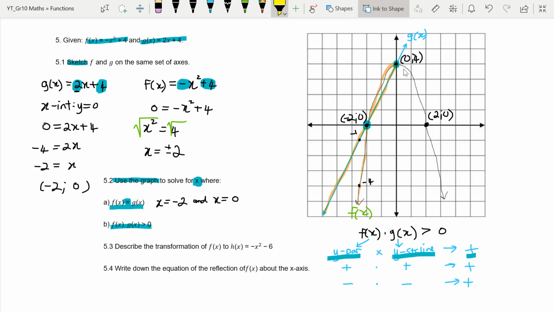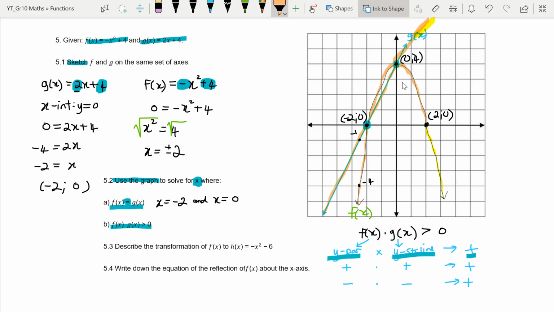Over here, if we look at this section, my parabola has got a negative y value, while my straight line has a positive value up there. Let me just go back to my orange. So what about this section over here? There my y values are positive for my parabola, while my y values are also positive for my straight line.